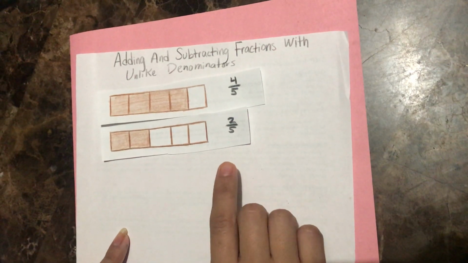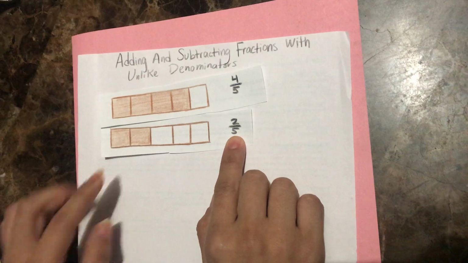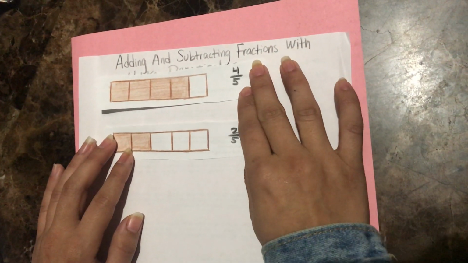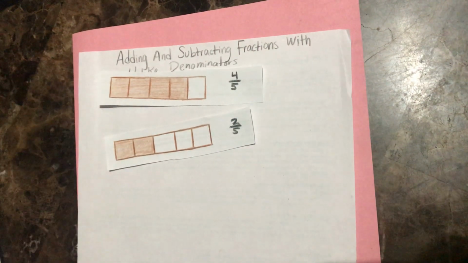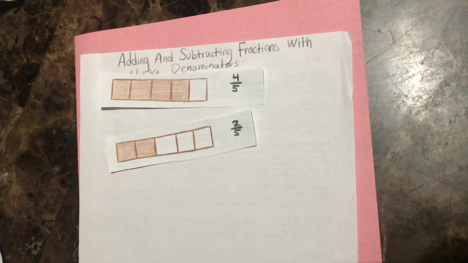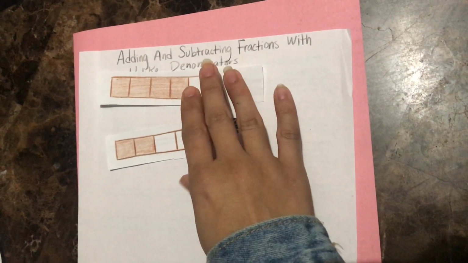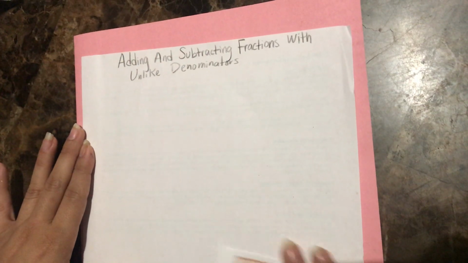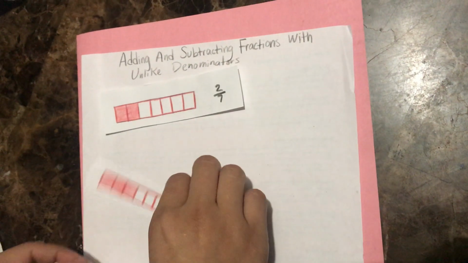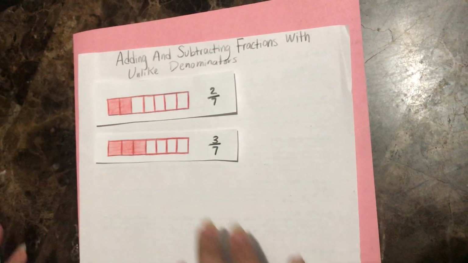Now in order to add fractions, the fractions must have the common denominator. These pieces of each fraction need to be the same to combine them together. Okay, let's say we have 2 over 7 and 3 over 7.